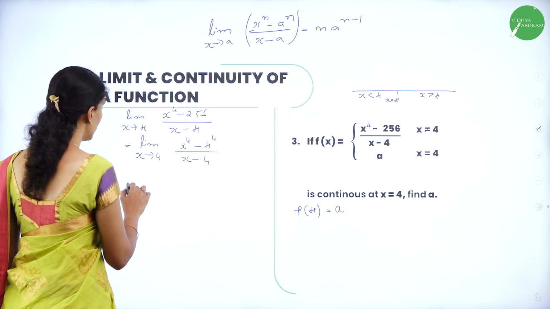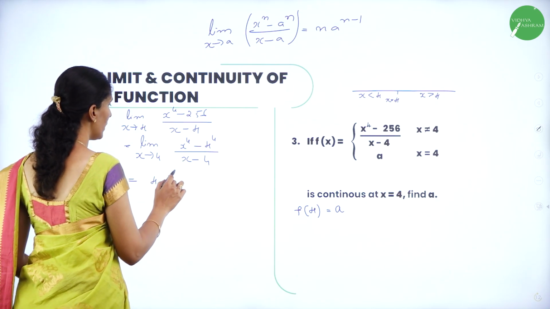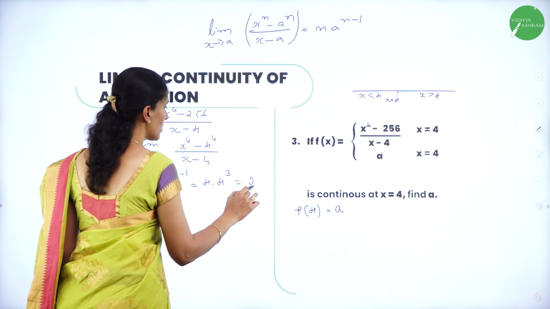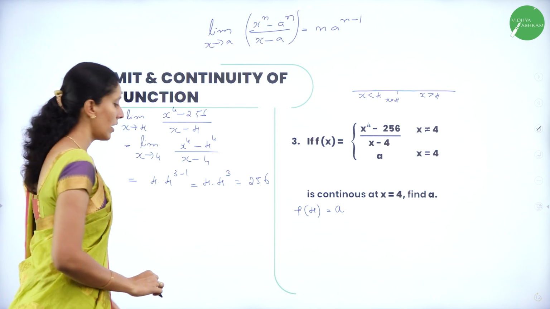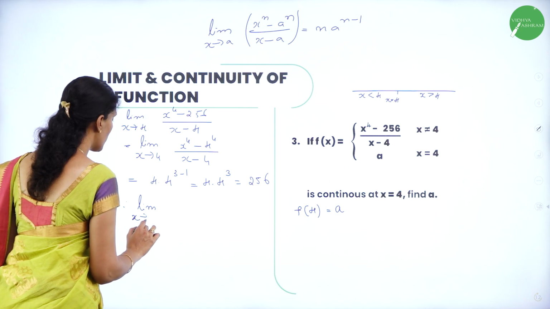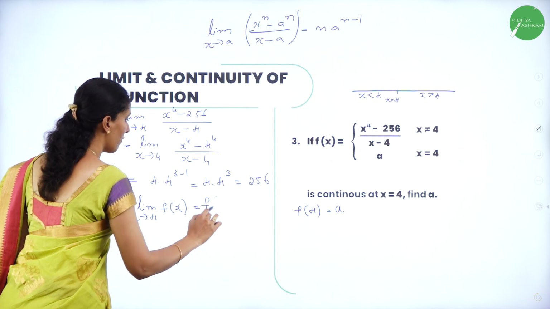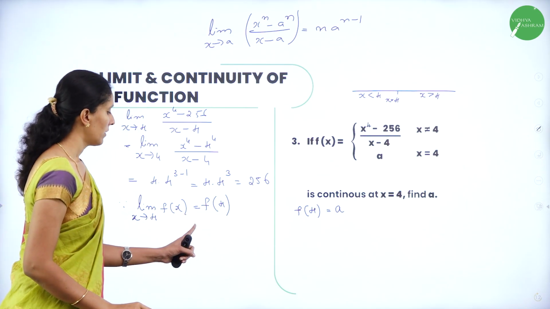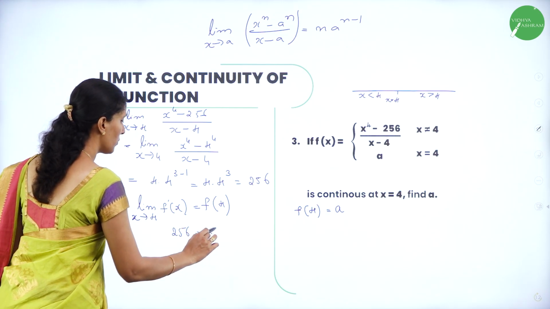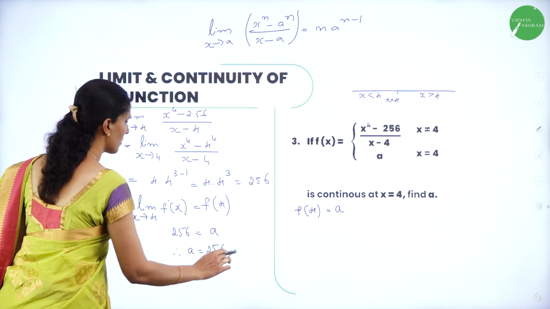So therefore here this can be written as 4 into 4 power 3, which is 4 into 4 cube, whose value is 256. Now since the limit as x tends to 4, the function value is the same as f of 4. Because this is equal to 256 and this is equal to a, we can conclude a is equal to 256.